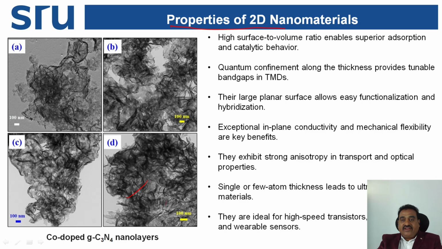Their large planar surface allows easy functionalization and hybridization. Two-dimensional nanomaterials exhibit strong anisotropy in transport and optical properties. They are ideal for high-speed transistors, photodetectors, and sensors. Wearable sensors.